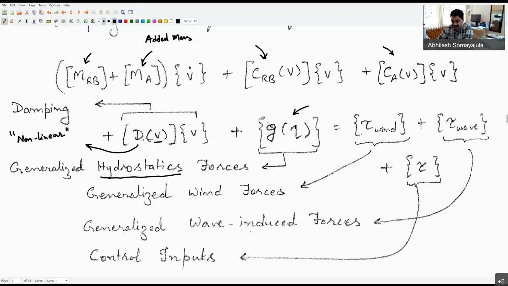Suppose I have thrusters to be able to control: if I wanted to apply a certain thrust in a certain direction, I'll be able to achieve that through these control inputs. So these are controlled by the operator.